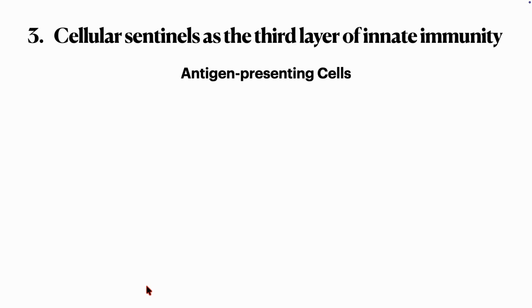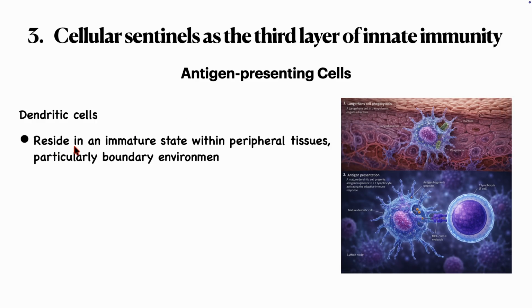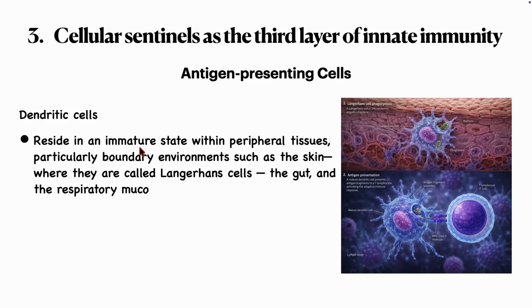The last group of cells in our innate immunity is antigen-presenting cells, which consist of dendritic cells and macrophages. I've explained macrophages just now. Let's focus on dendritic cells here. Dendritic cells reside in an immature state within peripheral tissues, particularly boundary environments such as skin, where they are called Langerhans cells, as well as the gut and respiratory mucosa.